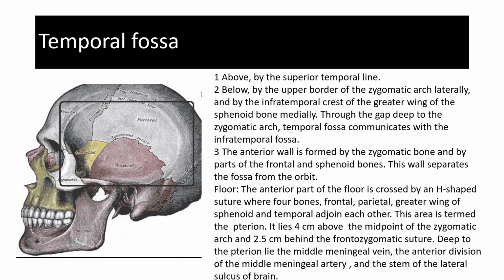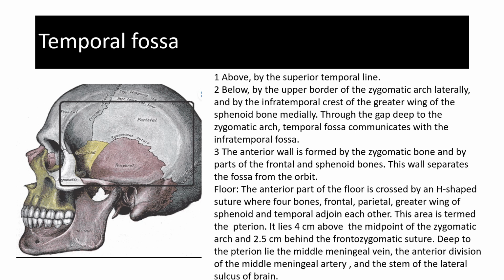So the next feature is the temporal fossa. First of all, look at the figure. The temporal fossa is indicated by the rectangle with black lines. First we will study the boundaries or margins.